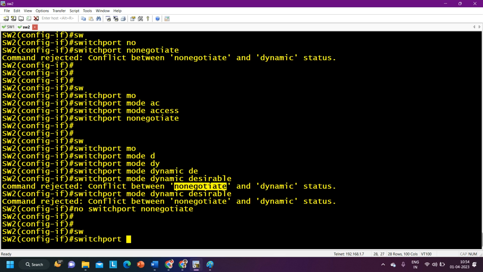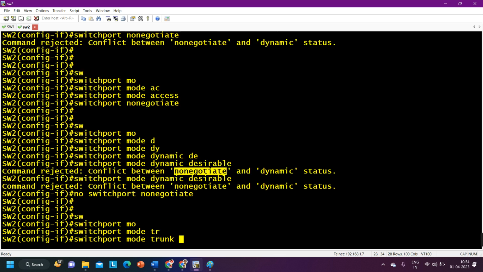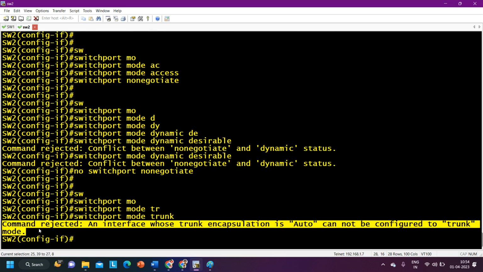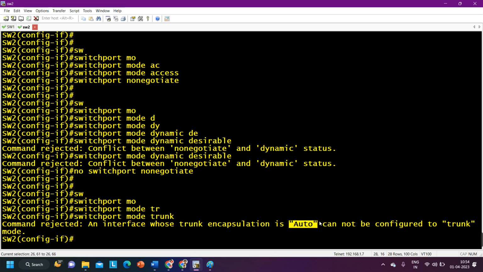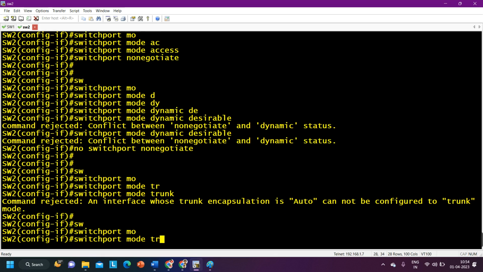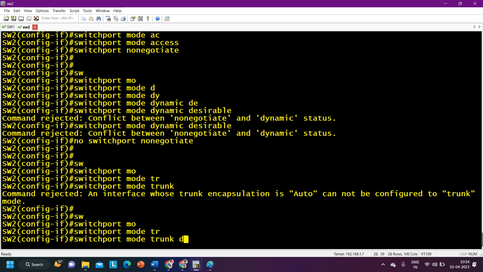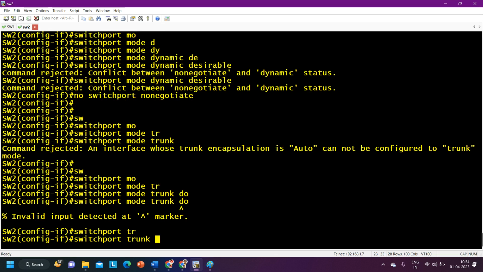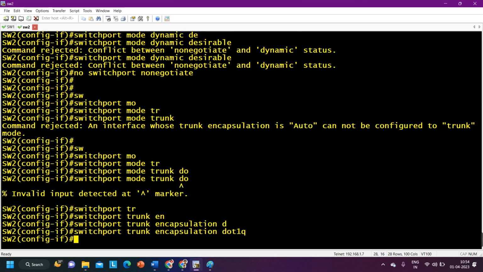Okay, and switch port mode trunk. Here manually I have configured switch port mode trunk, but I am not able to run this command because encapsulation mode is what? Auto. So switch port mode trunk, and let's say .1q. Switch port trunk encapsulation .1q.